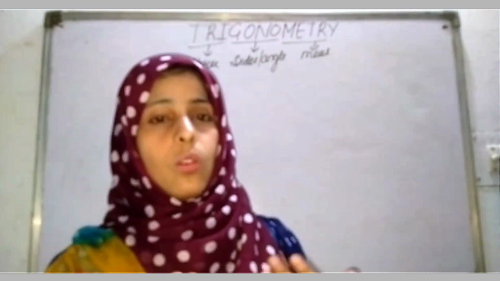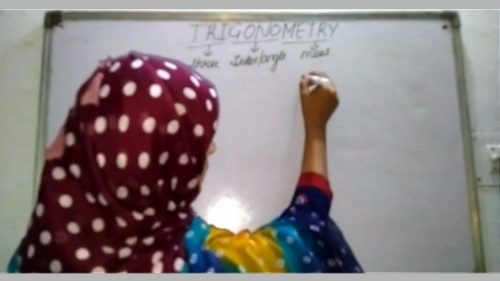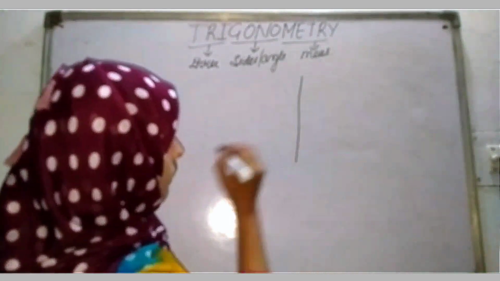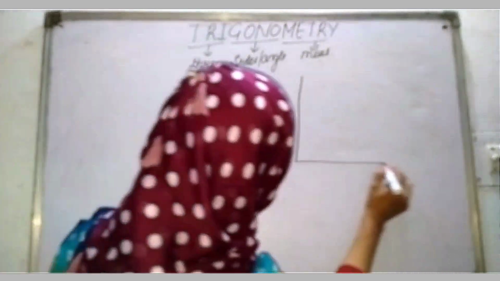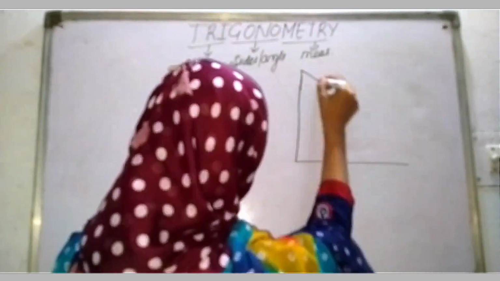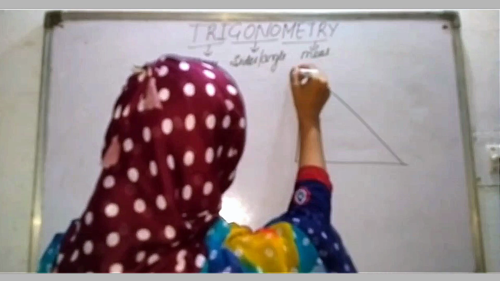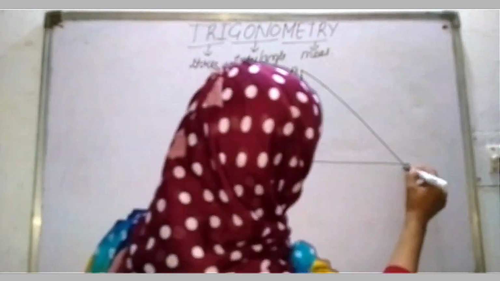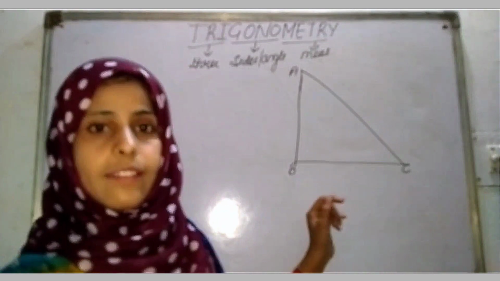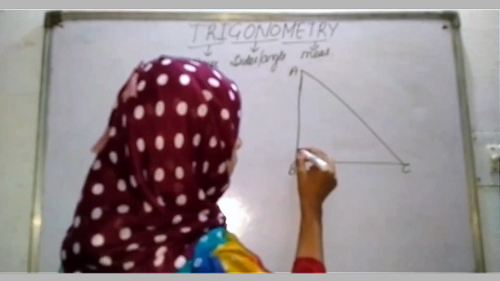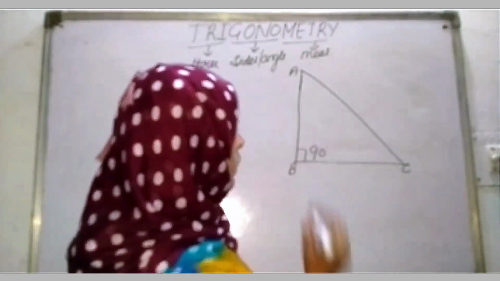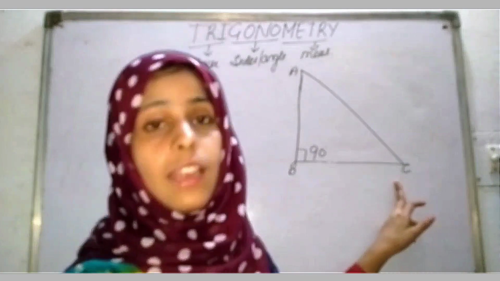Now what is a right angle triangle? Let us consider a triangle named A, B and C. A right angle triangle is a triangle in which one angle is 90 degrees, and the remaining angles are acute angles.